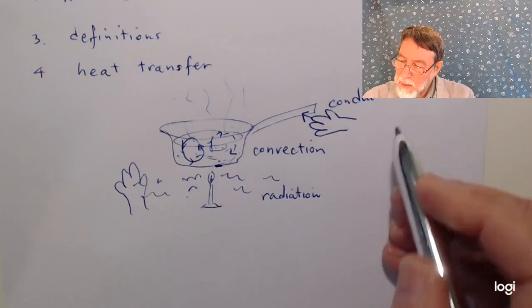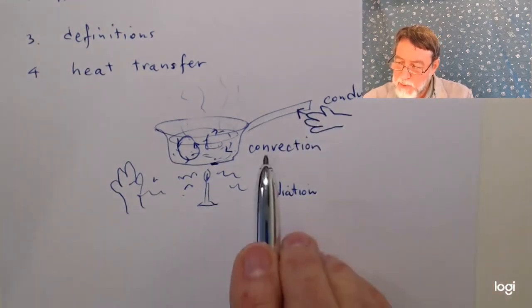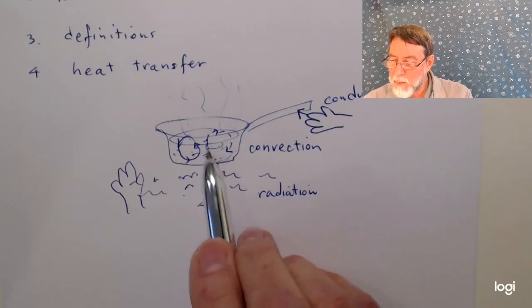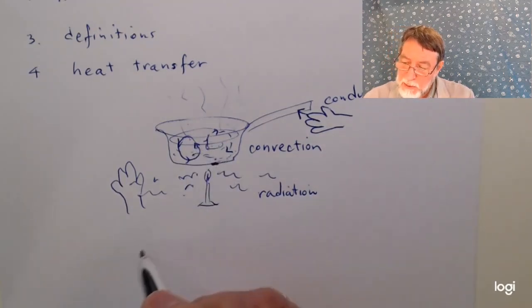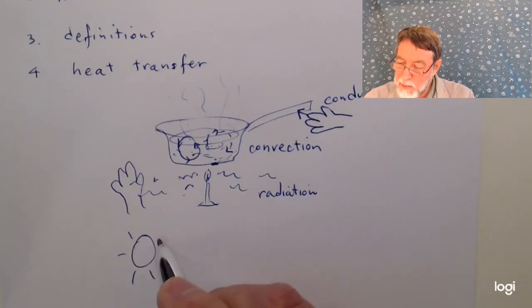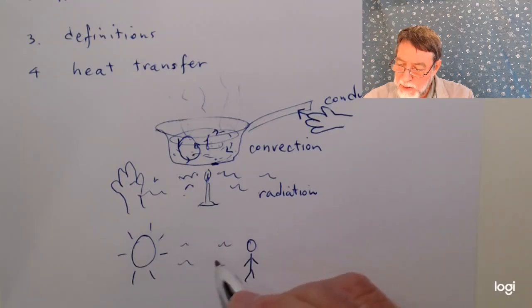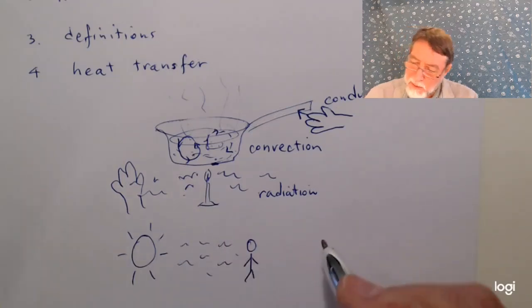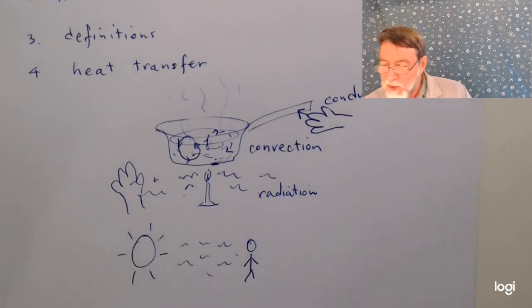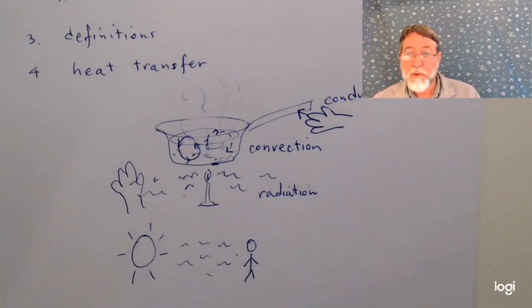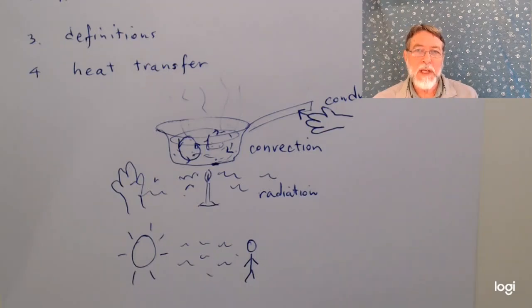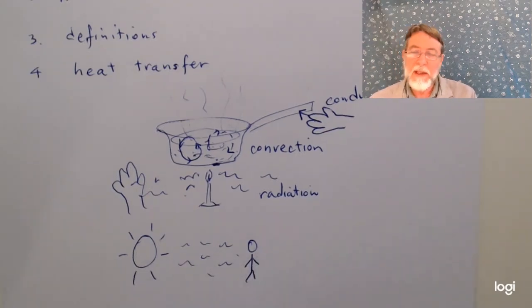So conduction is touching substances; convection is motion of the substance being heated; and radiation doesn't need any substance, because if you stand in the sun on a hot day, you can feel the radiant heat and the waves of energy coming at you, travelling through the vacuum of space, so it didn't need a substance to heat up to get to you. It's giving a heat transfer from the sun to you.